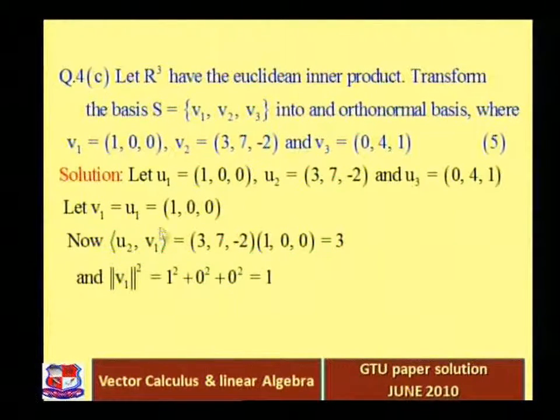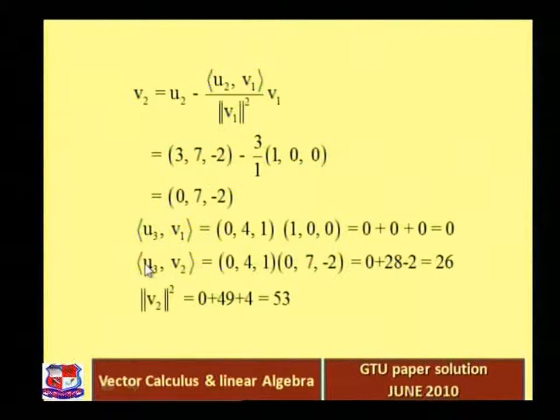First of all we have to convert these three basis vectors into orthogonal basis vectors, and for that we have to use the Gram-Schmidt process. There are some formulas. Call these u1, u2 and u3. Now v1 is equal to u1. What is the formula to find v2?